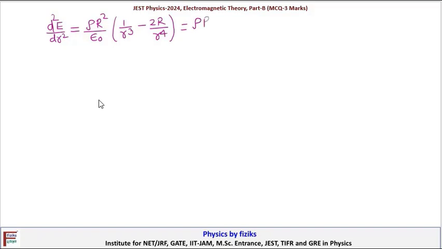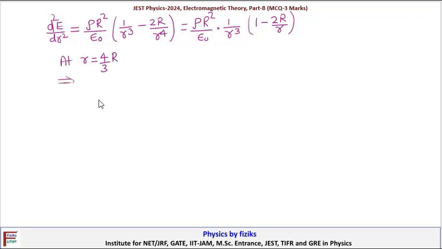And we can write this as rho R square by epsilon naught, 1 by r cube, let's take common. So this is 1 minus 2R by r. And now we have to check this value at r equal to 4 by 3 R.